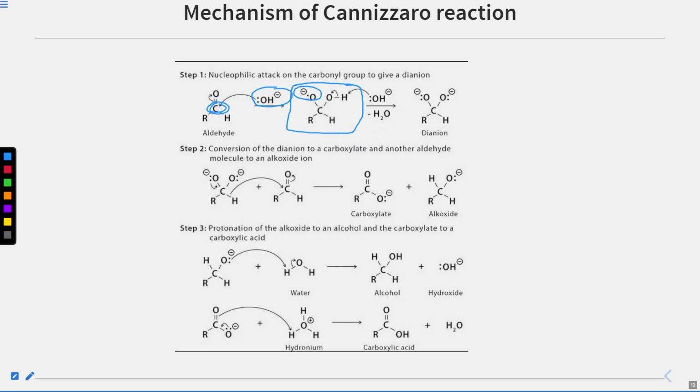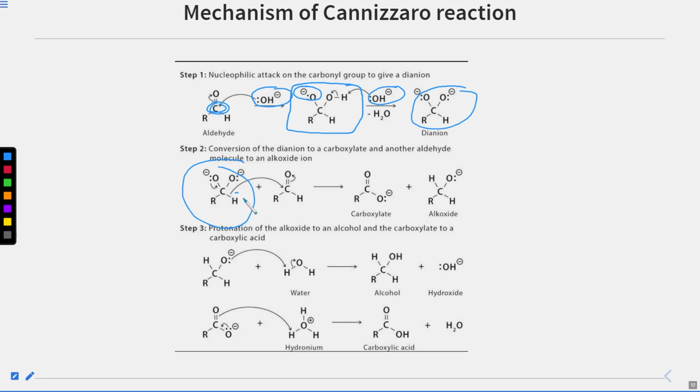Now again we have OH minus, which will take one H plus from here and create a dianion. As we have a dianion, this state is very unstable, so this negative charge will come back and kick out this H from here, and this H will have a negative charge along with it, that is a hydride.